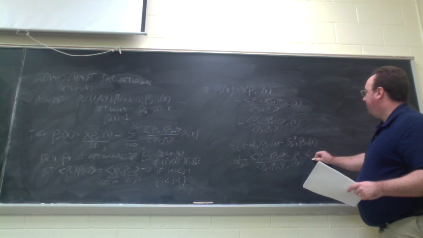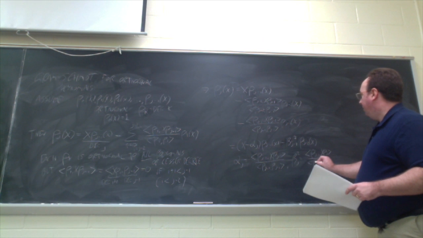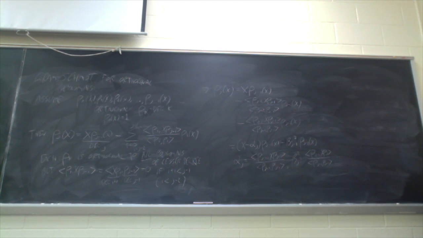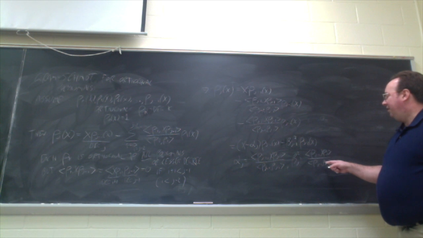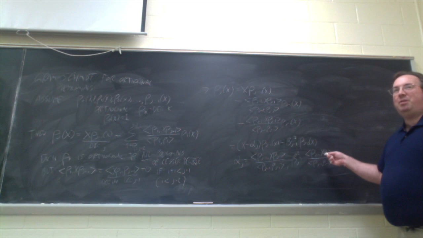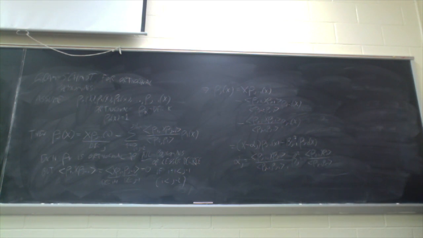So I have the inner product of p_{j-1} with x p_j over the inner product of p_{j-1} with p_{j-1}. Now, there's one sticking point here. This number here, I've given you no reason to believe that this is actually positive, so why would I call this squared? But I'm going to show you that it is positive.